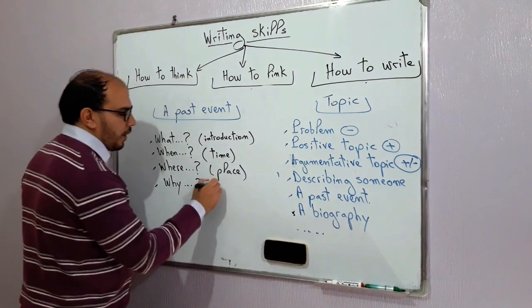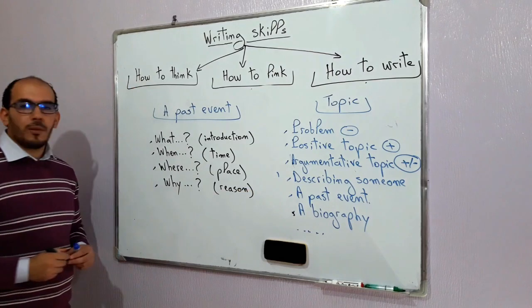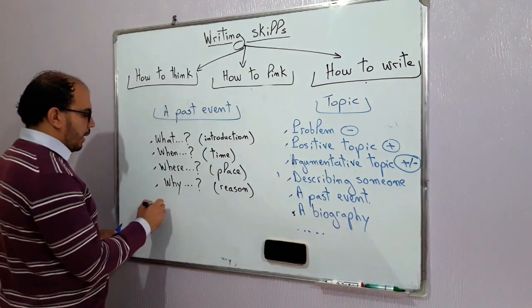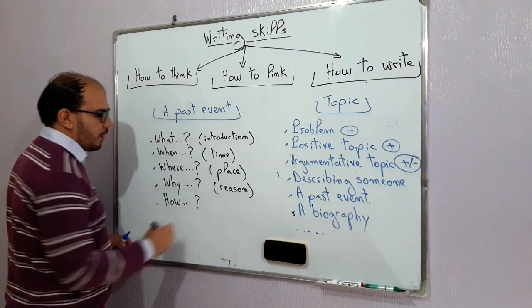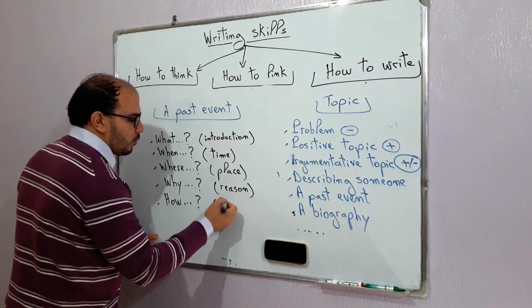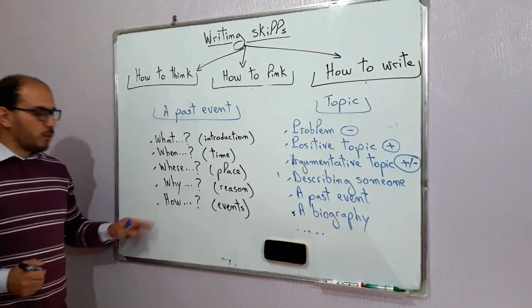And here I explain the reason, or the cause. And the last thing is how. How did it take place? This means here I have to talk about the events that took place and so on.